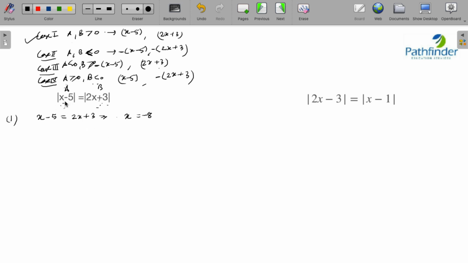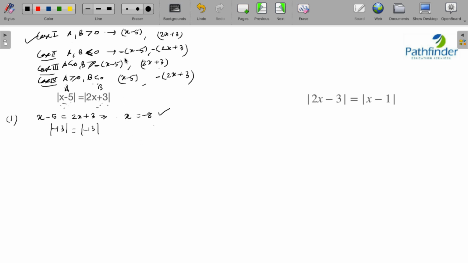If x is minus 8, you will get minus 8 minus 5, minus 13 on the left hand side, and 2 into minus 8, minus 16 plus 3, minus 13 on the right hand side. And because they are both enclosed in a modulus, this will be equal to 13 on both the sides. So x is equal to minus 8 is definitely a solution.